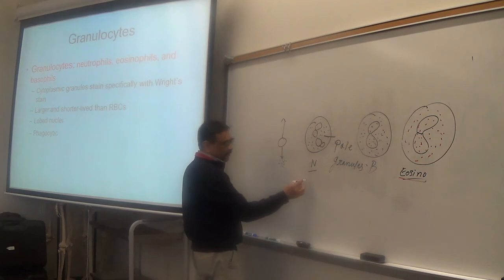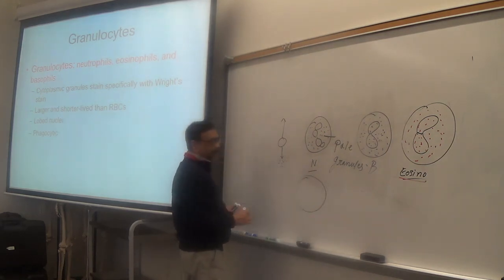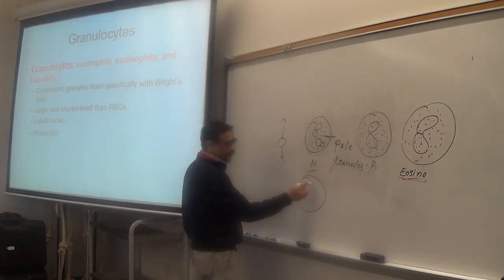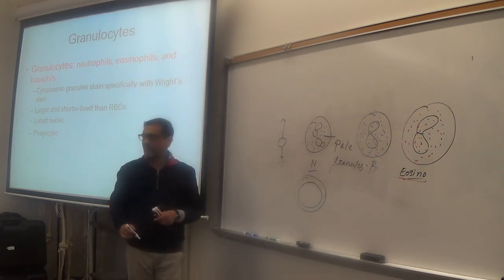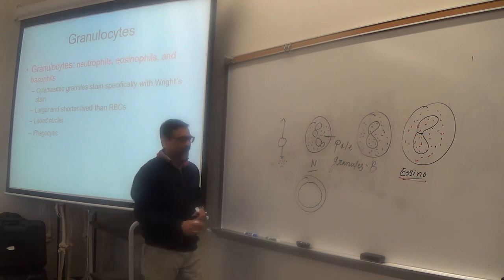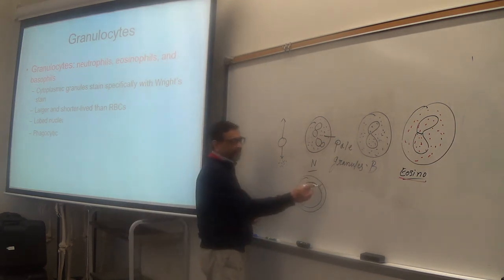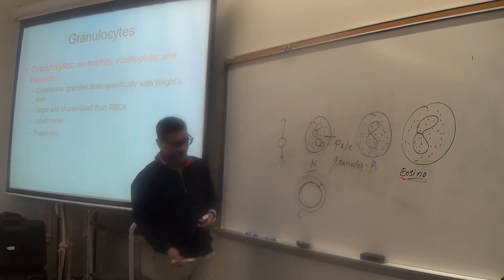Now, lymphocyte. Lymphocyte is easy to identify. Large, round nucleus. So, very thin rim of cytoplasm around the nucleus. This is the nucleus, okay? So this is lymphocyte. And no granules because it is an agranulocyte.